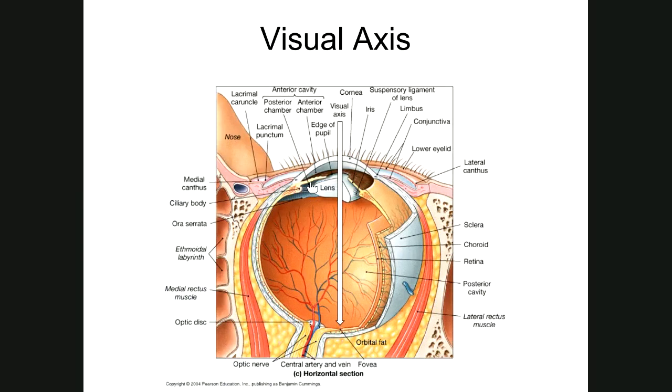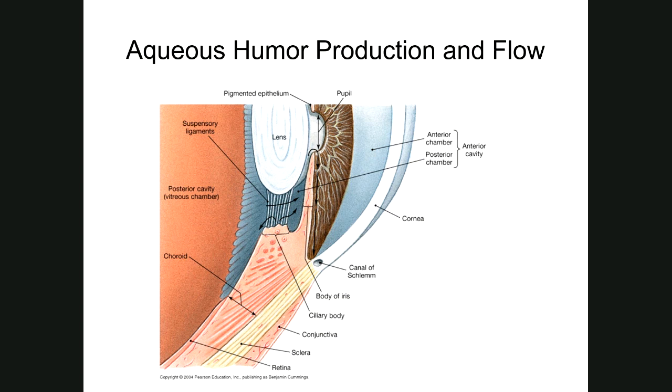A fluid called aqueous humor is secreted by the epithelium of the ciliary process. So right here where these little arrows are coming out, that's the epithelium of the ciliary process.